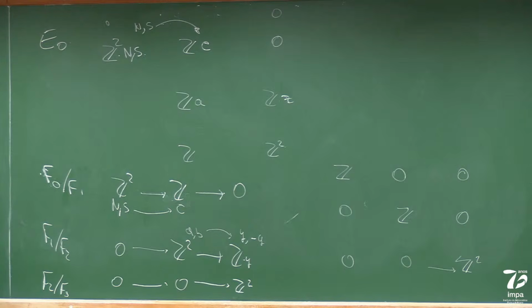Okay, so now, did we do this correctly? This looks correct. How are we going to kill this Z here?